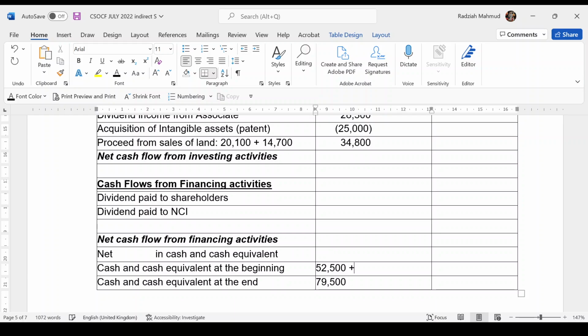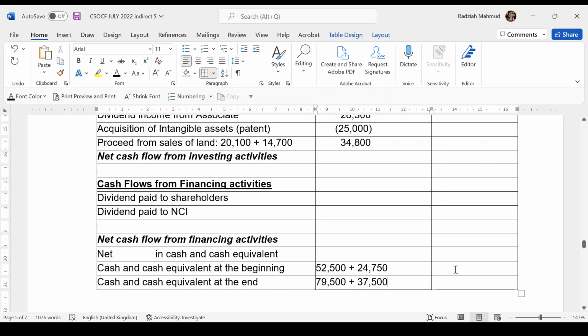The opening balance for bank, we should take the right figure. The opening is 24,750, and then the closing is 37,500.